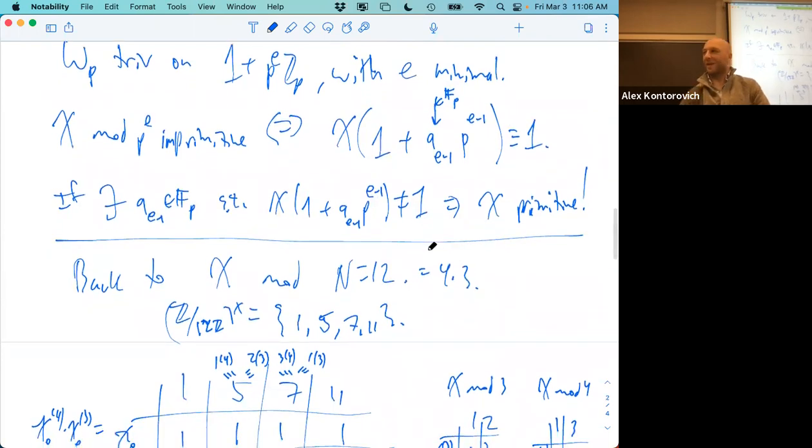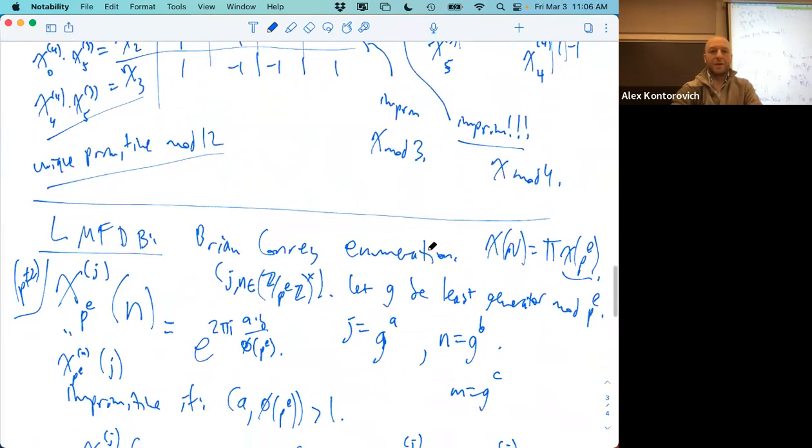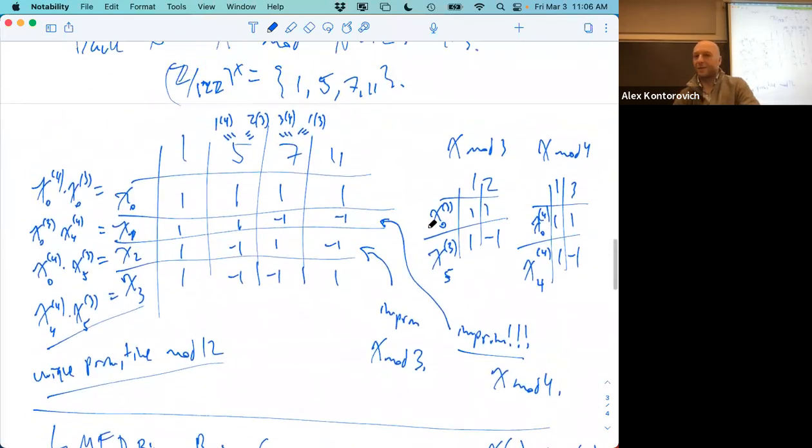If you have 2 or 4, you can compute how many primitive characters there are.